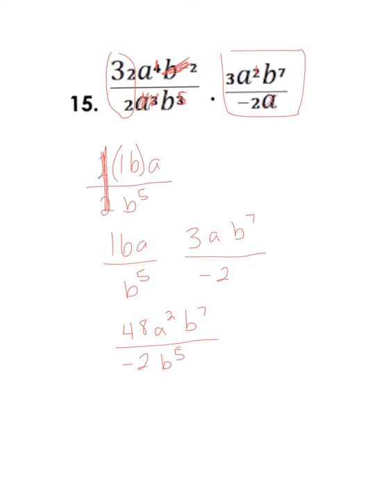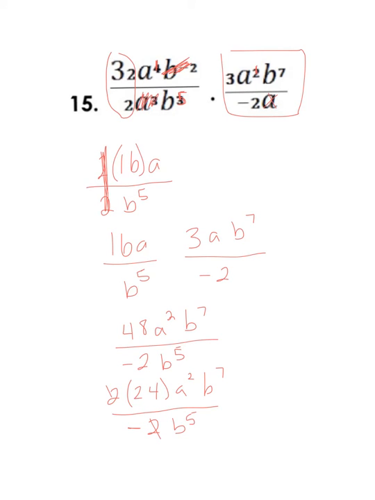Alright, so we can simplify this 48 and 2. That would be 2 times 24, a to the second, b to the seventh over negative 2b to the fifth. And we're able to get rid of the 2's.